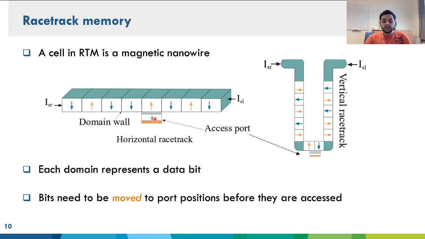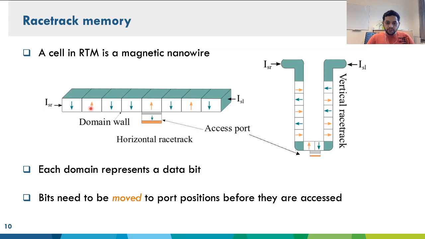A magnetic nanowire has more than one data bit, but in the best case it will have one access port. There can be more than one access port, but they are costly. Again, we'll come to them in a bit. But for now, the working principle is that if you want to read a particular domain, this data bit here, you have to move it to the access port by applying a shift current.